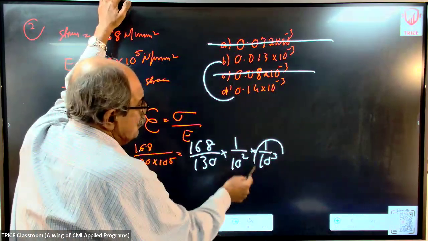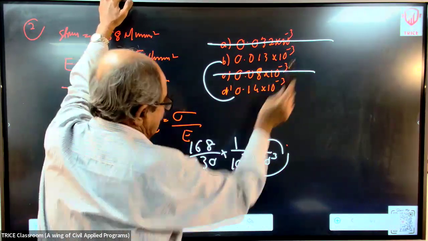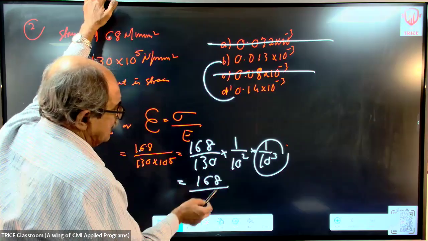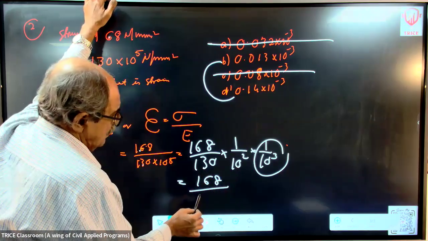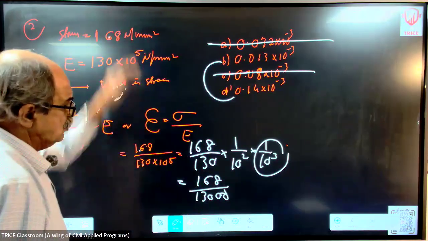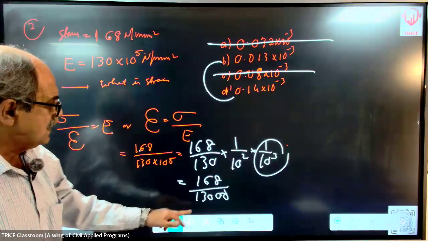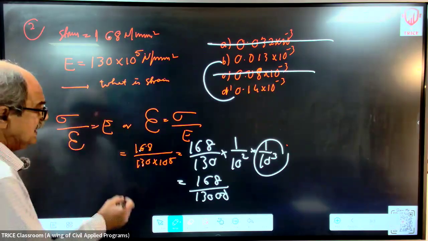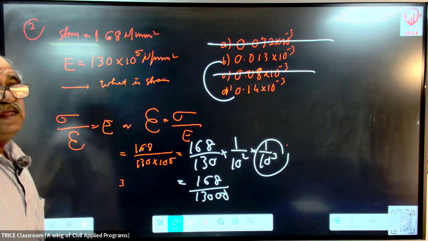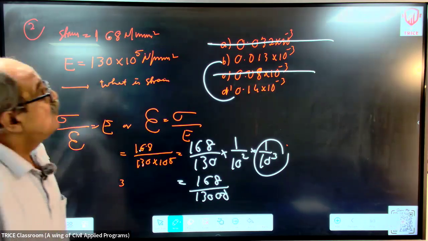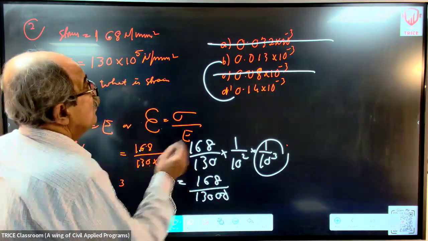This 10 cube is 10 to the power minus 3. Or it is 168 divided by 130. Now calculate. 13 ones are 13. How much remains? 3 remains. 13 threes are 39. Almost 3. Oh, this answer.